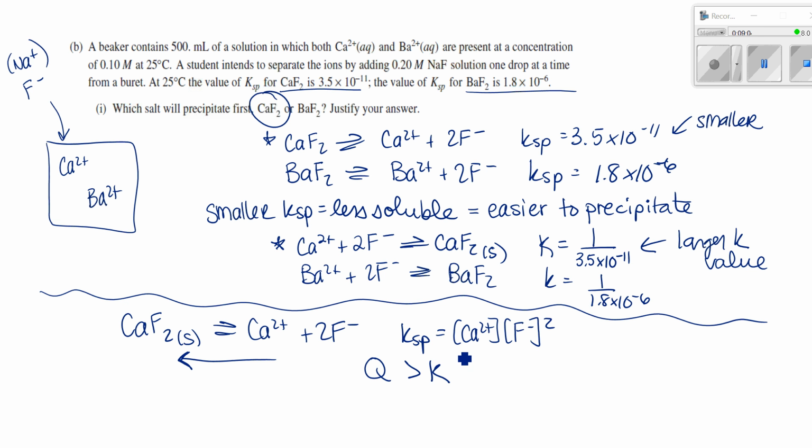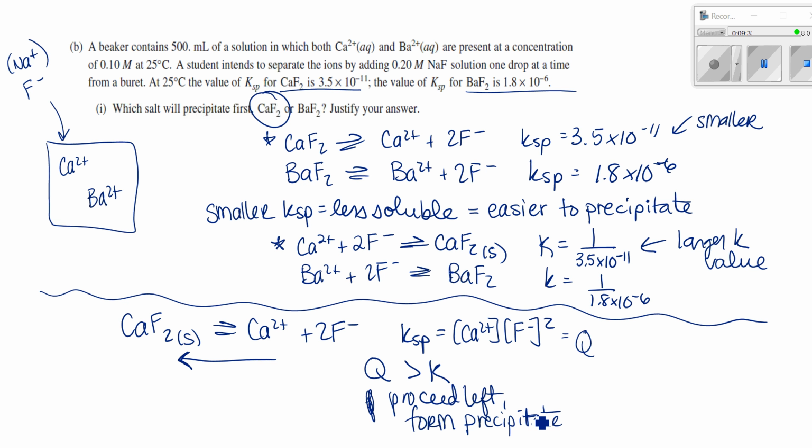So your value of Q is getting bigger and bigger as you add fluoride until eventually you reach the point where Q is now greater than K. And at that point, the reaction is going to proceed left and you will form a precipitate. So if Q is greater than K, it's going to proceed left. Write this down. And in the context of Ksp, that means you're going to form a precipitate.